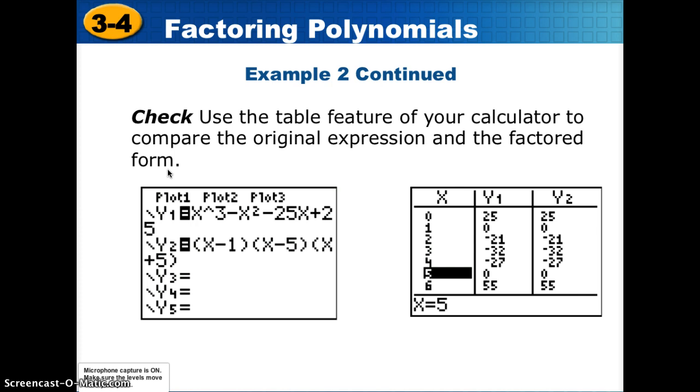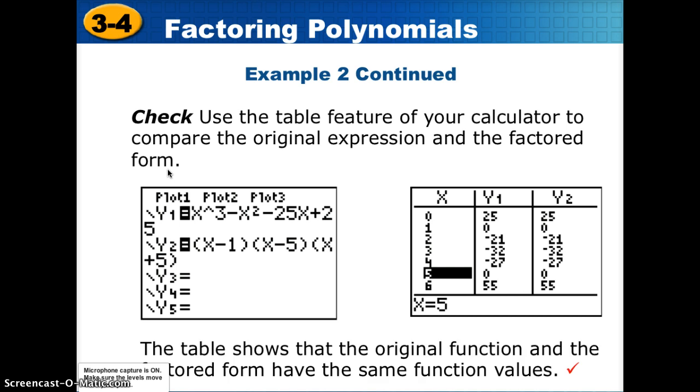Now, the only thing that we can do is determine that these are equal to each other, but unless we look at every single possible value of x as an input to the function, the only thing that we can observe is the ones that we see. So we do see that the ones that are visible to us or that we choose to look up on our table on our calculator show the same function or y values for each x value.